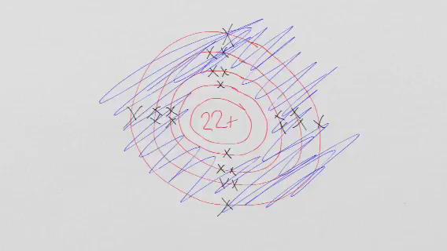Yes, sulfur is 16. So, if I want to draw an atom of sulfur, what has to go in the center? 16 plus. Okay, and then how many shells is this atom going to have? Sulfur is going to have 3. Why? 2, 8.